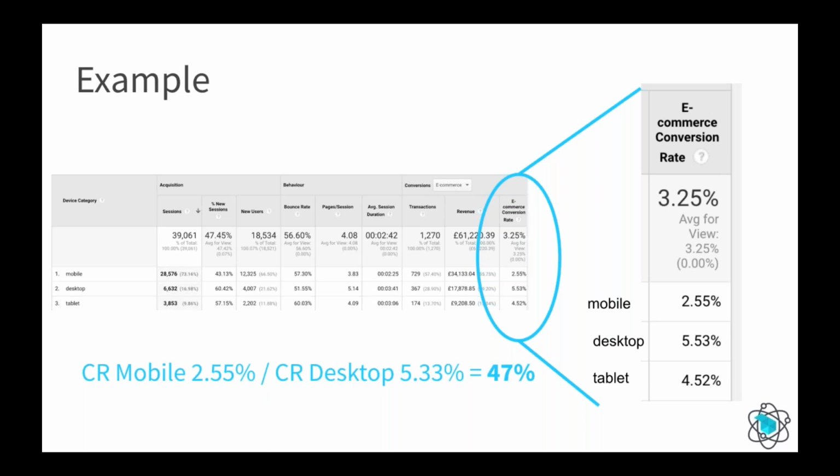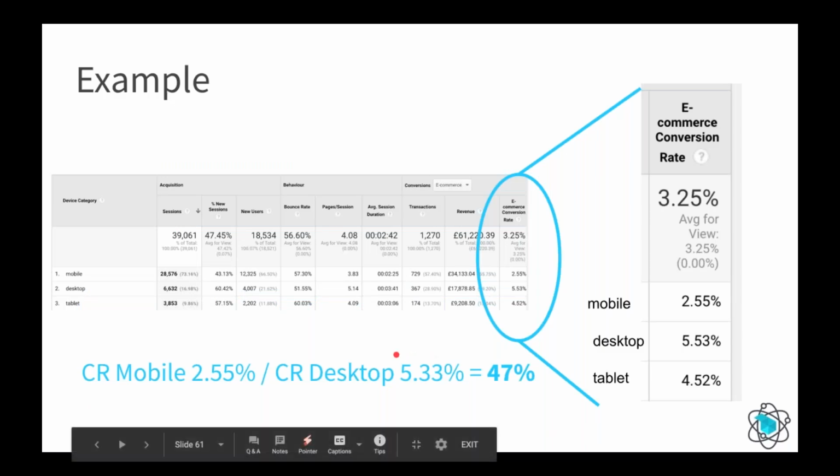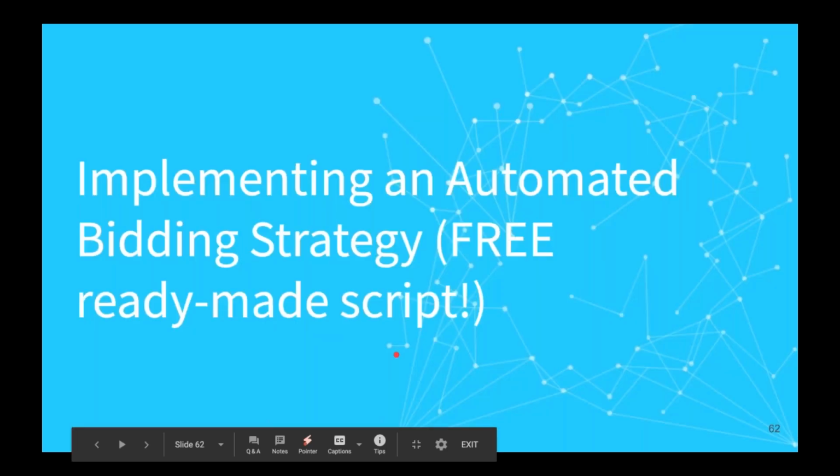So to summarize, we will define our bid at keyword level using the 2 formulas that we've seen earlier, but then we will apply bid adjustments at segment level using this type of approach. For the bid adjustment, we're making the ratio between the 2 conversion rates, okay?